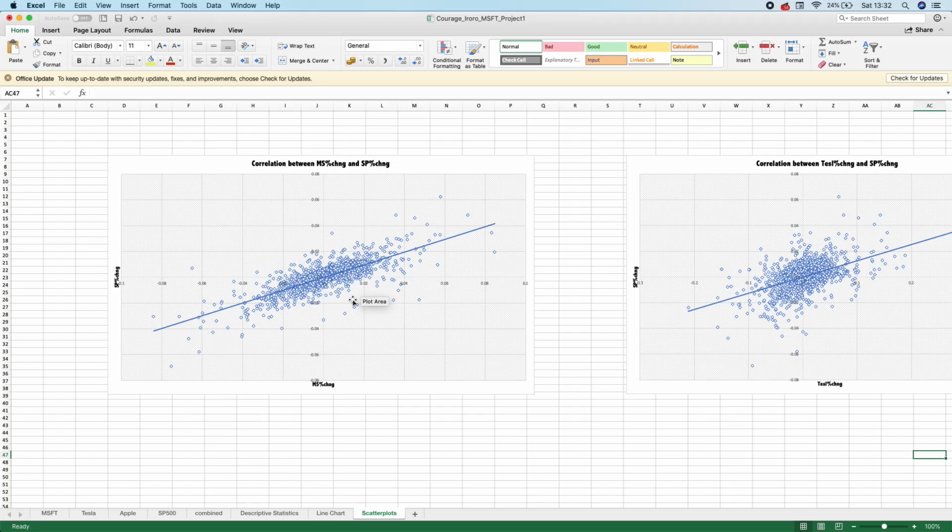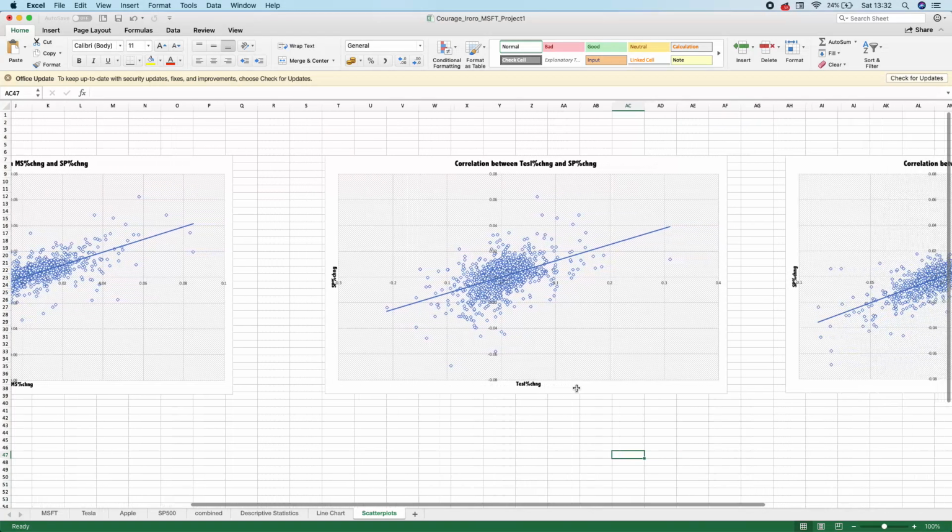So if Microsoft has a high change in their stock value, the SP change also has a high change. If they have a low change, Microsoft has a low change. So you can see that. So I'll say, if you want to invest in Microsoft, basically, that's the full stop of everything I'm trying to talk about.